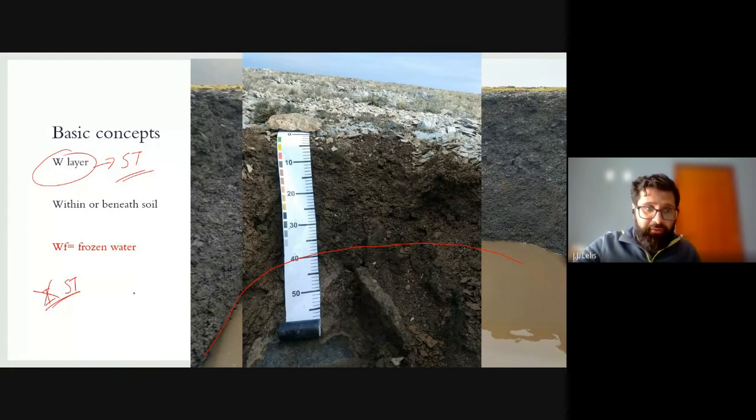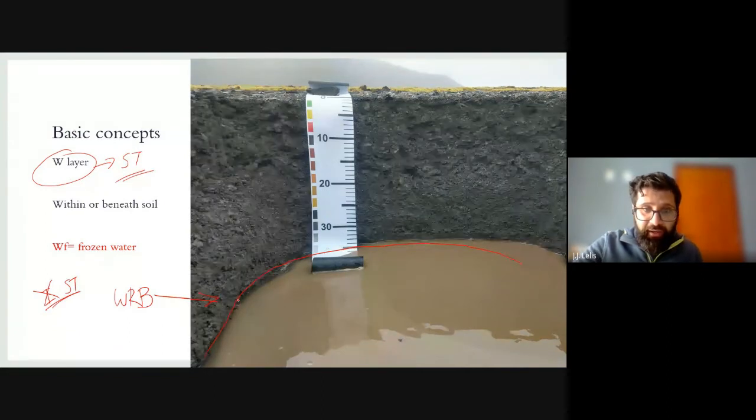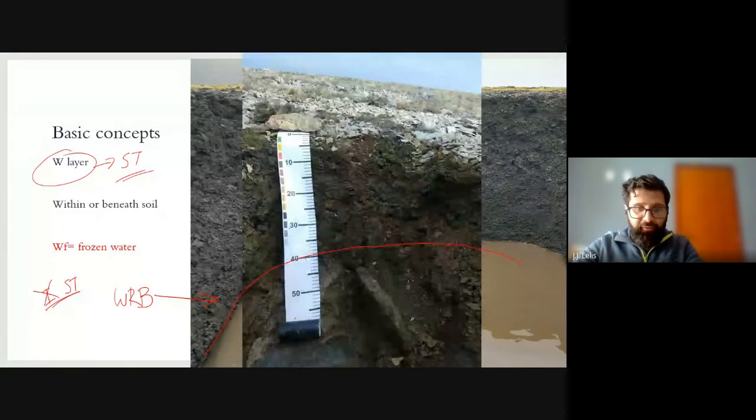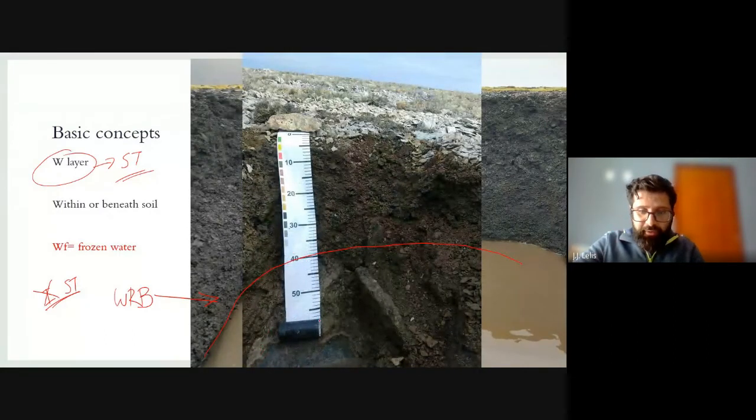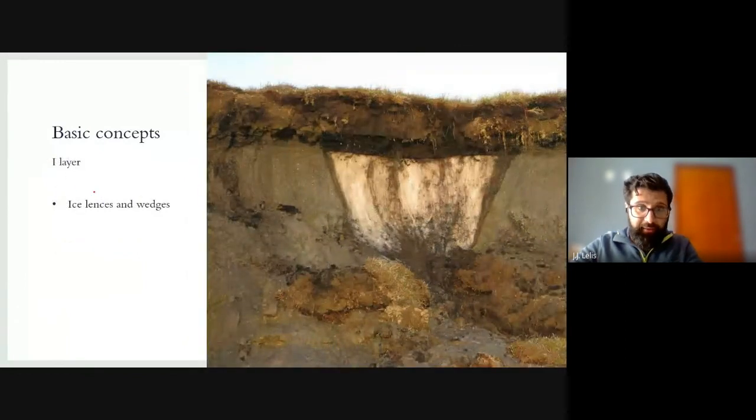And according to the WRB, the liquid layer is called the W layer, okay, because we have liquid water, and if I have frozen water, if I have ice, I shouldn't call this a W layer, but an I layer.